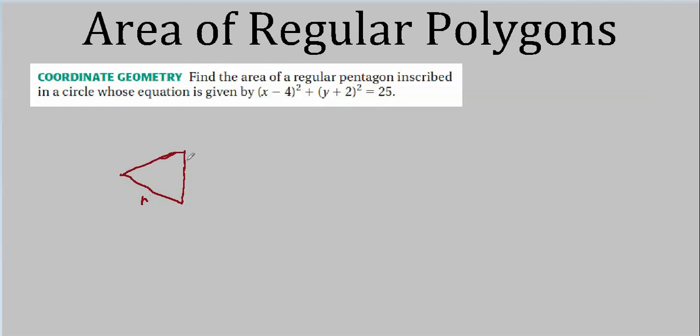Here's the chord that connects the 2 vertices. I call it a chord because there's actually a circle here, and this is going from one part of the circumference of the circle to another. They gave us R. That's 5.